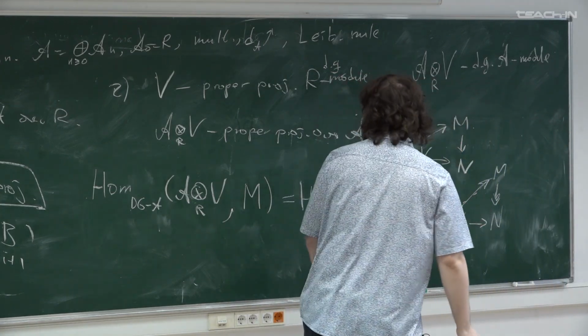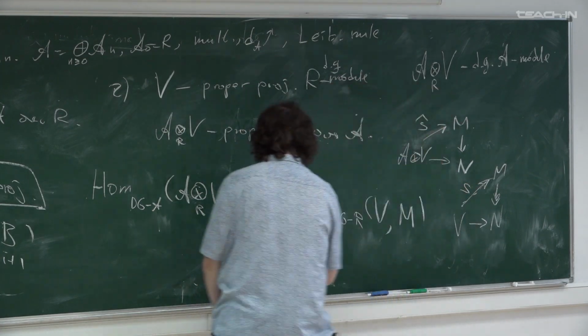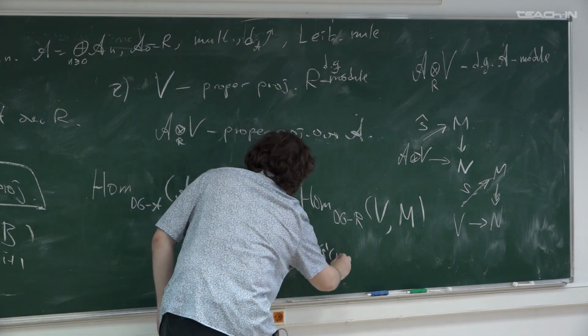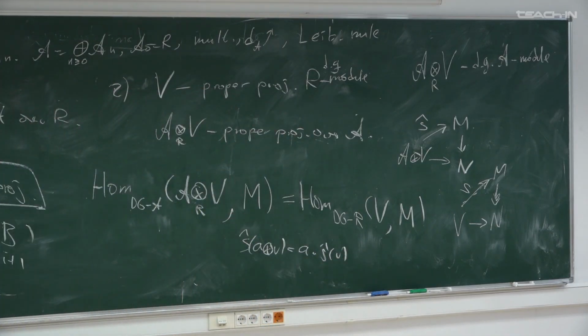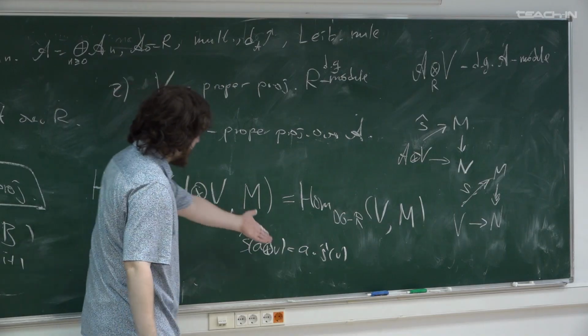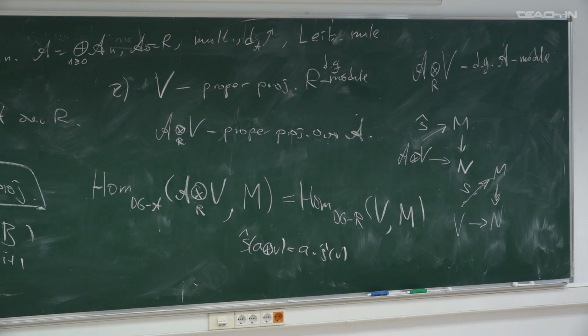By formula it's something like, if it's S, this is S roof of A, S roof of V. And you can check that this isomorphism respects differentials and so on.